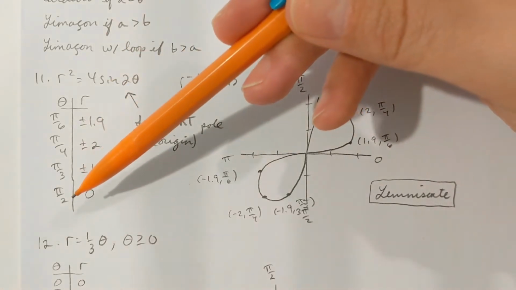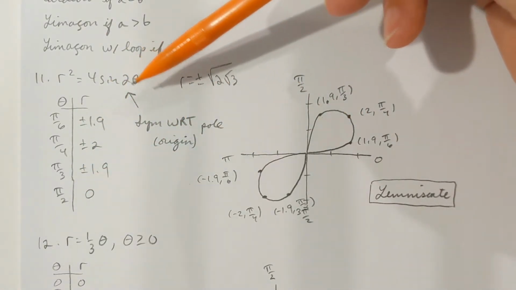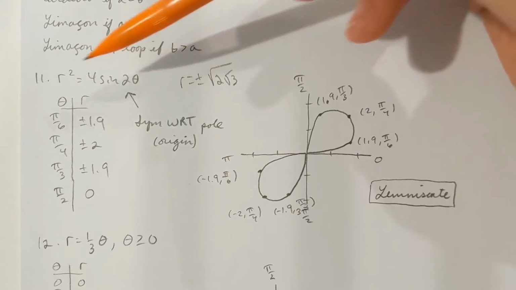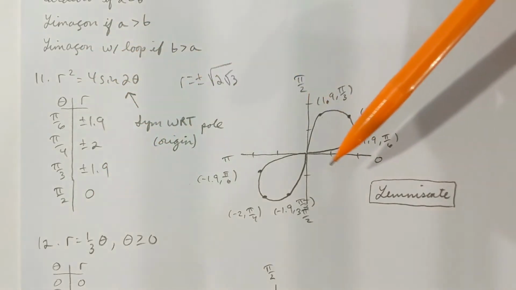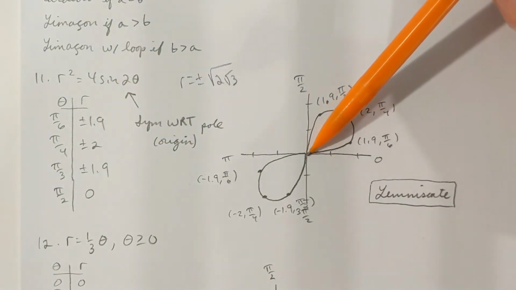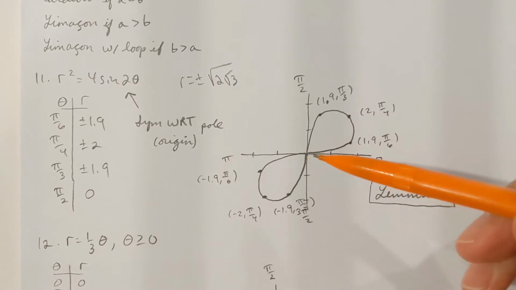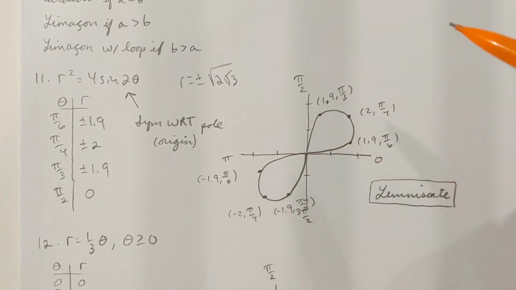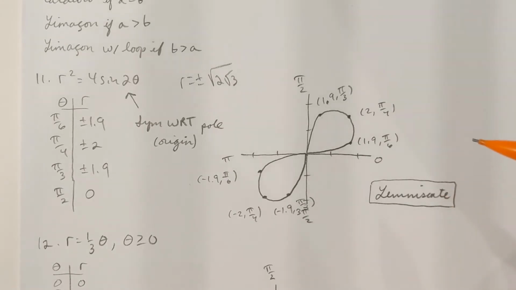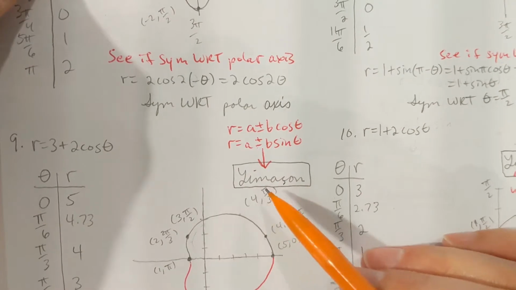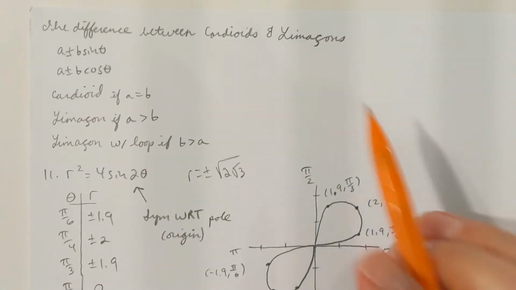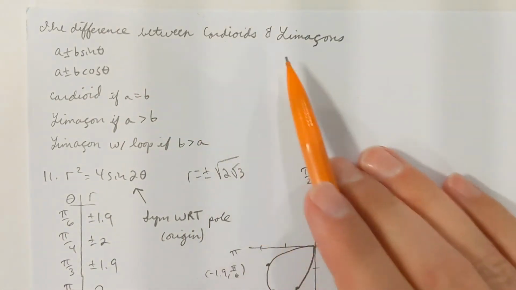If we let theta be pi over 2, the 2's will cancel there. Sine pi is 0, and so r would be 0. All right, this curve will pass through the pole then. Now what we're drawing is something that kind of looks like a figure 8 curve here. We call this a lemniscate. Now, in the last video, I was talking about limaçons, and we looked at just a general explanation about cardioids and limaçons.